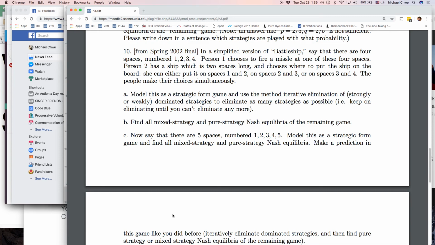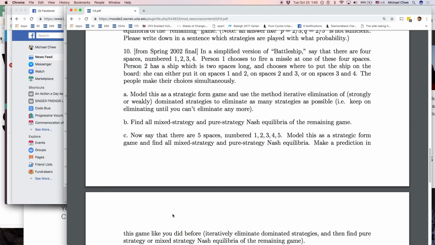All right, so there's 4 spaces. If you look at the old homework, there's tons and tons of battleship questions, by the way. I just love these battleship questions, like in the old finals. Anyway, so there's 1, 2, 3, and 4, so your board looks like this. If you're person 1, you can fire at 1, 2, 3, or 4. If you're person 2, you place the ship, so your possibilities are 1 and 2, 2 and 3, and 3 and 4.